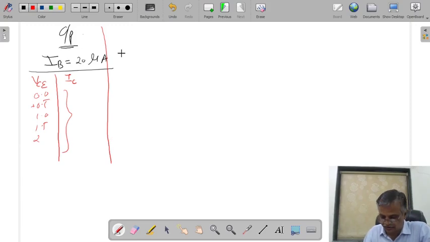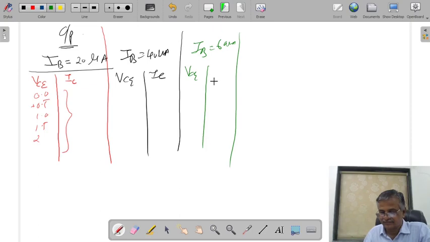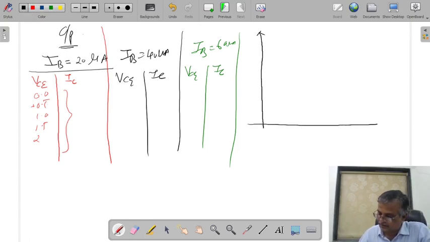Repeat the same procedure for another value of the base current. Then again you do it for 60 microampere and do the same thing. The graph of output collector current versus collector emitter voltage, this is generally in milliampere.